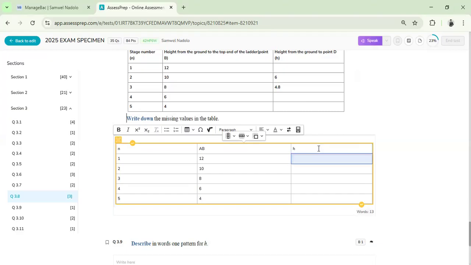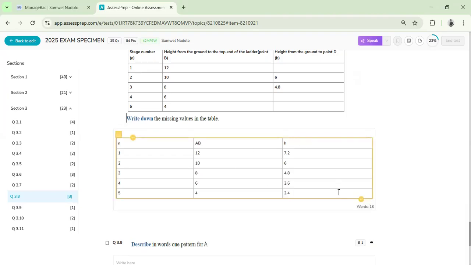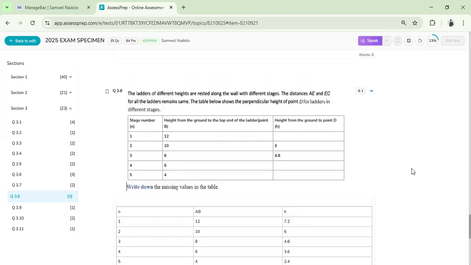We said the first height was 7.2, the second height is 6, the third height is 4.8, the fourth height is 3.6, and lastly 2.4. Okay, so do this, make a table, and you get your answer.